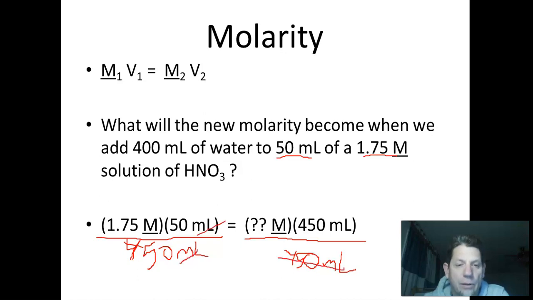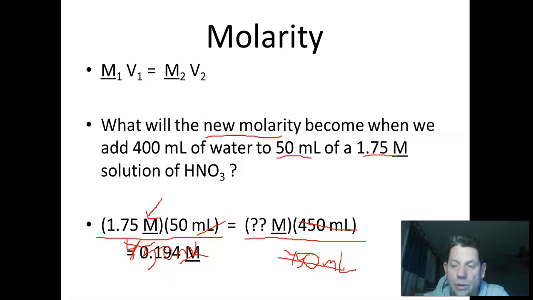Over here, the 450 milliliters cancels 450 milliliters. And then the only unit I have left is molarity. Isn't that what we were solving for? What is the new molarity? So 1.75 times 50 divided by 450, because I need the 450 to go away, and that's where our answer comes out.